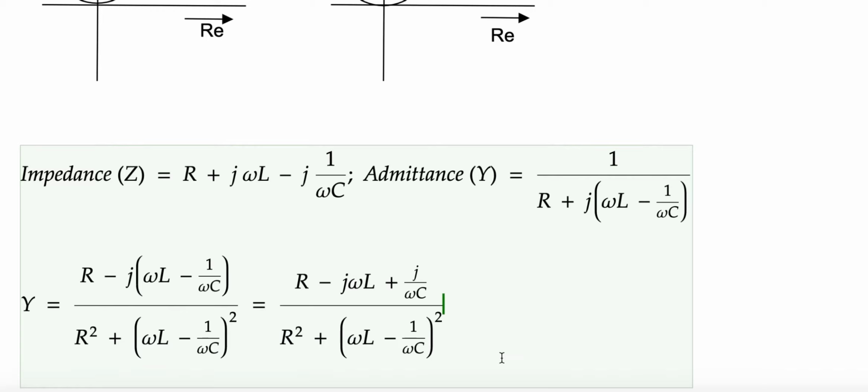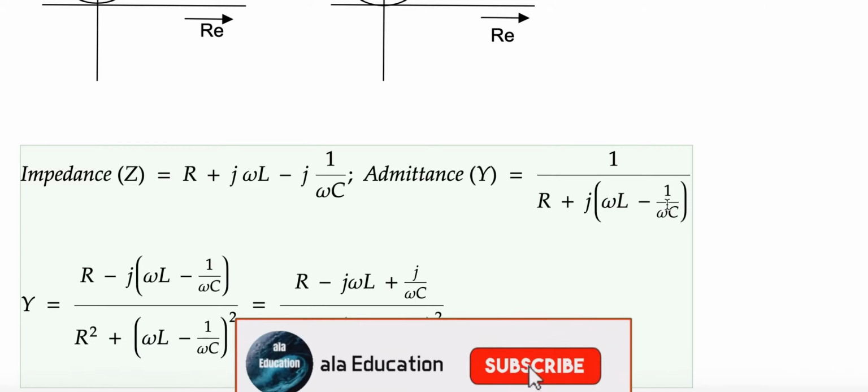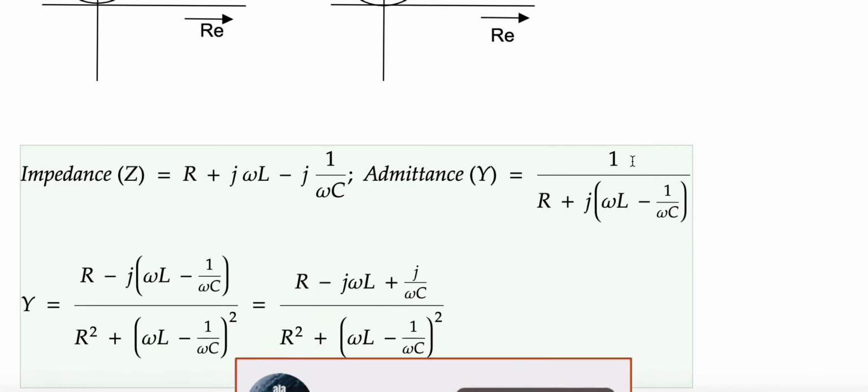Now what happens with the change in frequency, that is what you need to figure out. When omega is 0, what about admittance? This part becomes 0, this part becomes 1 by 0, which is infinite, and 1 by infinite is 0.